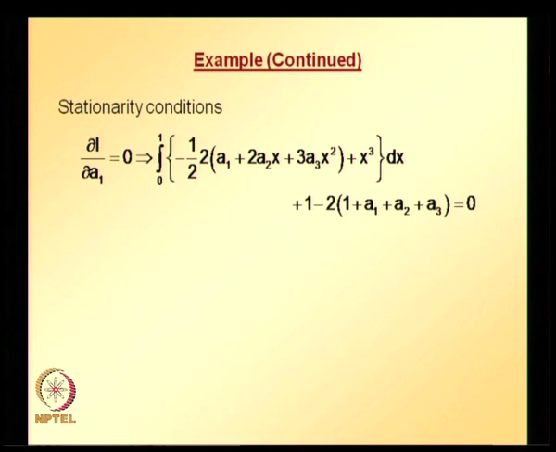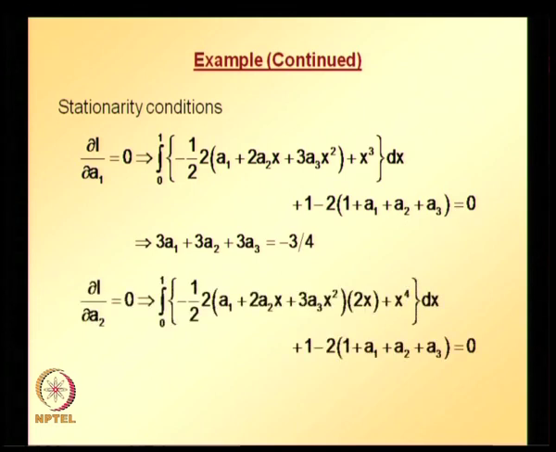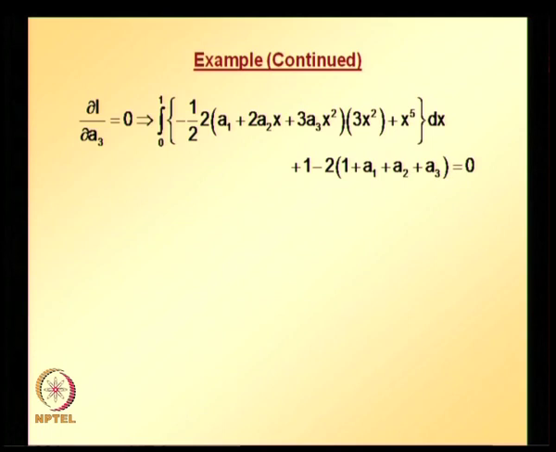You apply the stationarity condition, that is, the partial derivative of I with respect to a1 equal to 0, you get one equation, the partial derivative of I with respect to a2 equal to 0, you get another equation, and the partial derivative of I with respect to a3 equal to 0, you get the third equation. So it is straightforward. We have 3 equations and 3 unknown coefficients, so we can solve for A1, A2, A3.